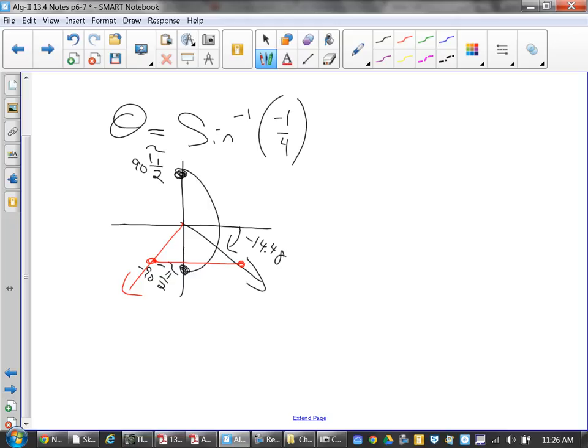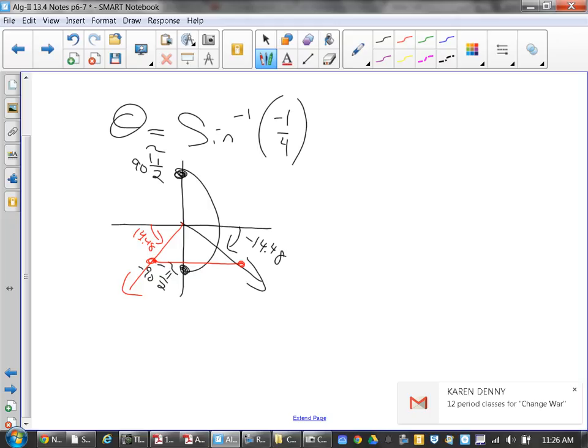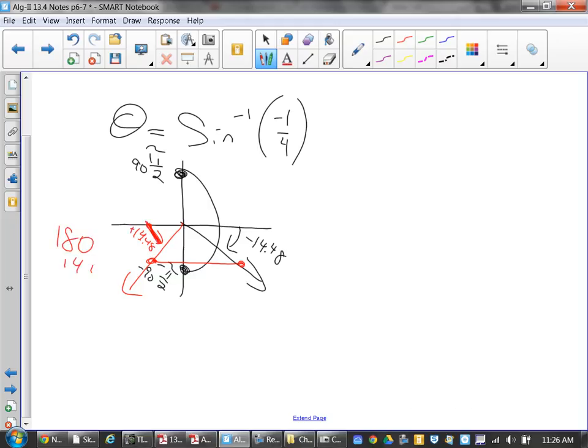So if the reference angle is 14.48, what is this overall angle then? You add 180. Remember, you're coming off the x-axis, so if I'm coming down off the x-axis 14.48, all I'm doing is adding in 14.48. So 180 and 14.48 is 194.48.